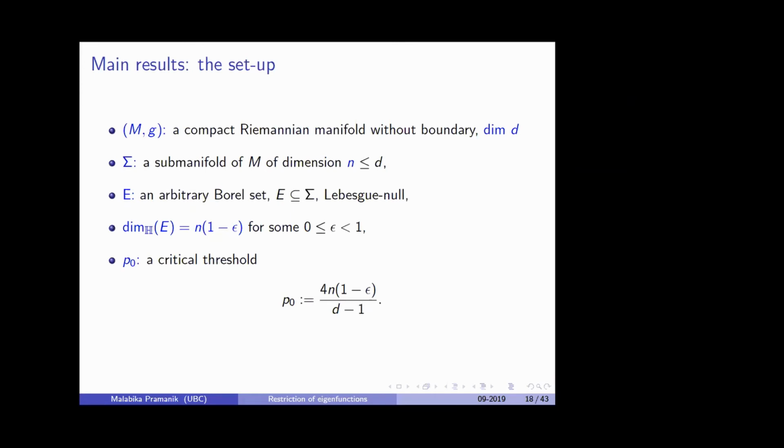Of course, the set E can support a whole zoo of measures, and each one of them may have a different alpha associated with it. So every such measure will give us an eigenfunction restriction estimate with that alpha, the best one, of course, being the one where alpha is equal to n times 1 minus epsilon.